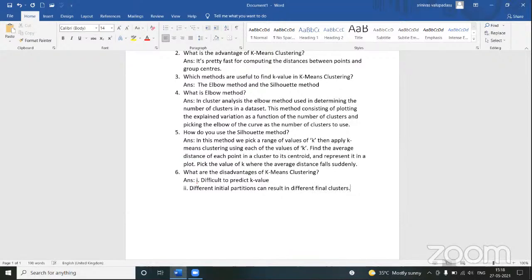These are the two disadvantages of K-means clustering.